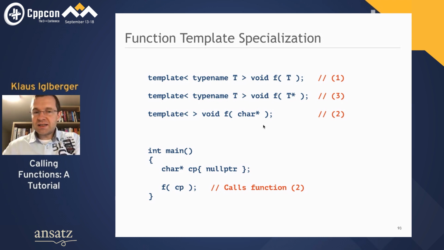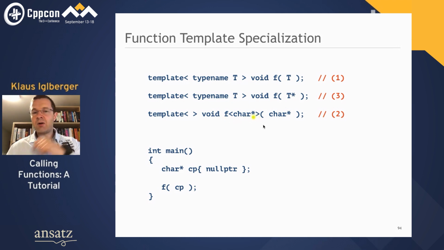Note that sometimes syntax gets in the way. You're also allowed to define this function f in this form. You can explicitly say how you're specializing it. This, however, unfortunately, is now again a specialization of function 1, because this t here matches this perfectly. It's not the same pattern as in function 3.